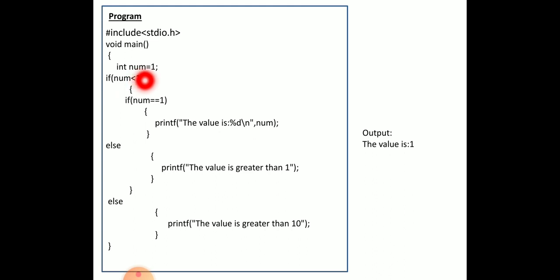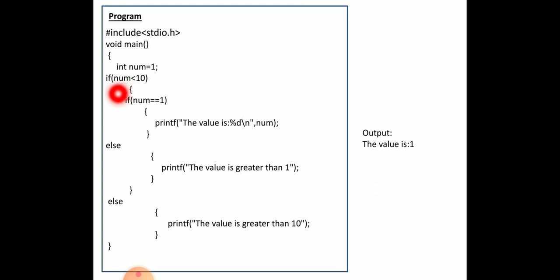So it declares that num is a variable of type integer, and in the same statement we have assigned the value 1 to the variable num. So with the same statement we have declared and initialized the variable, and its value is equal to 1.